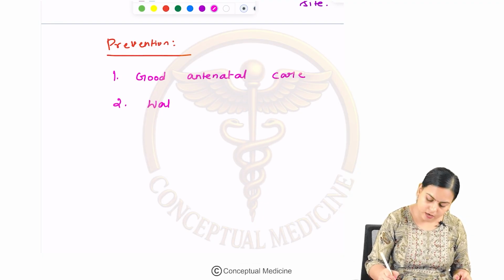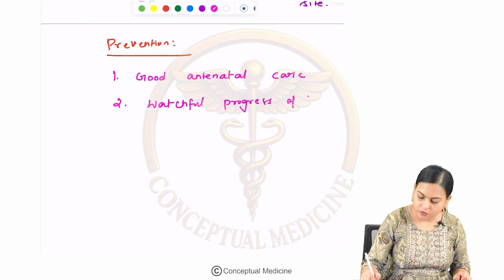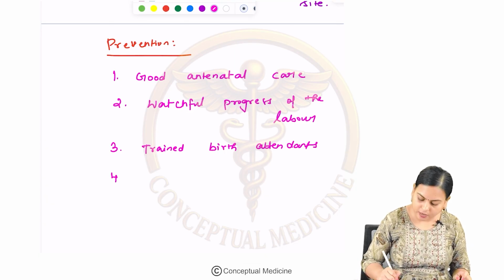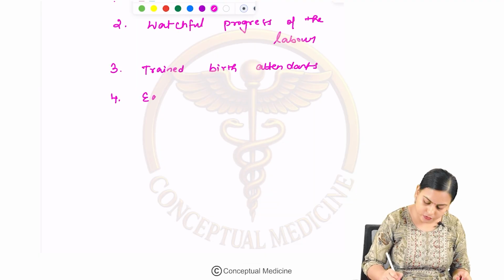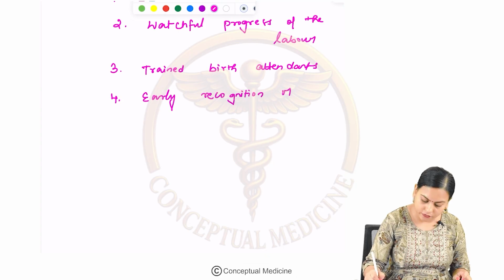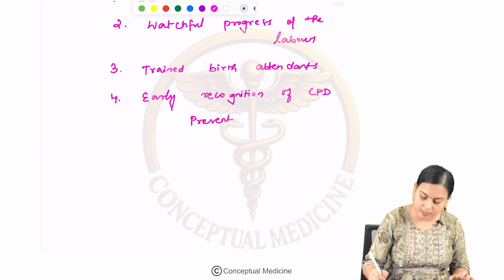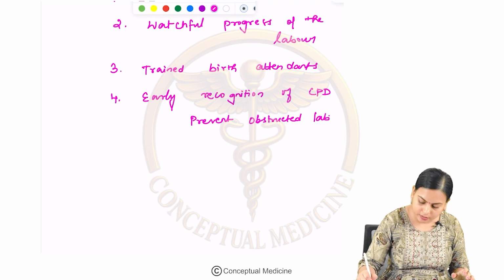There should be watchful progress of the labor, trained birth attendants should be there, and you should also have to know about the early recognition of CPD, and you have to prevent the obstructed labor itself.